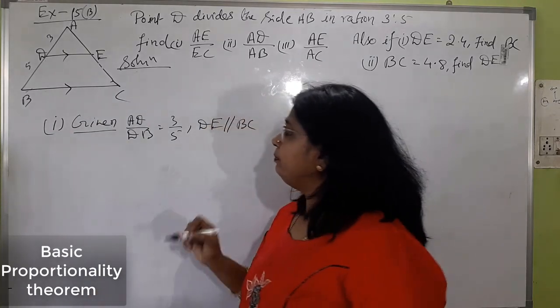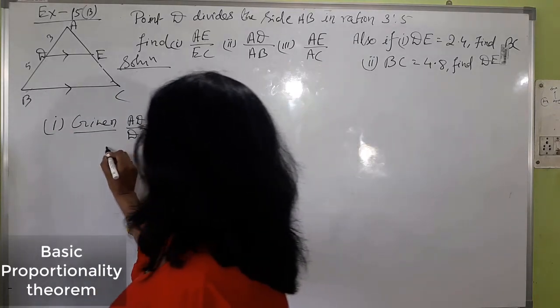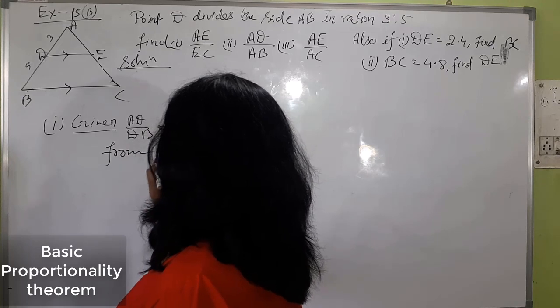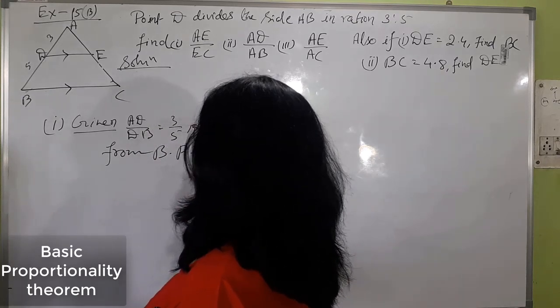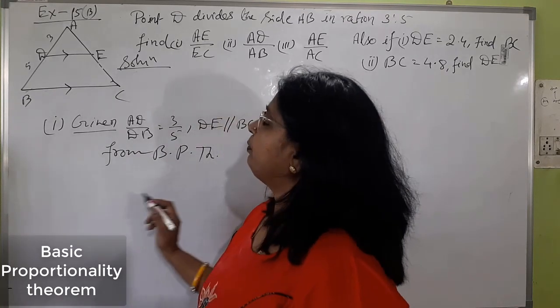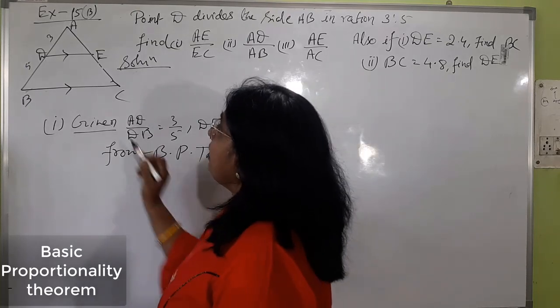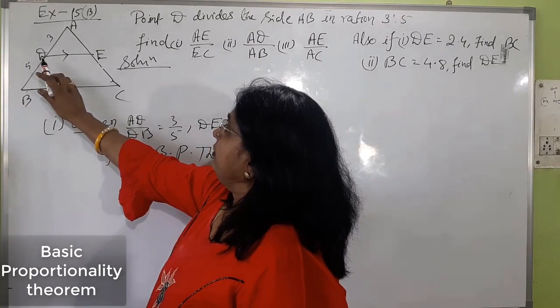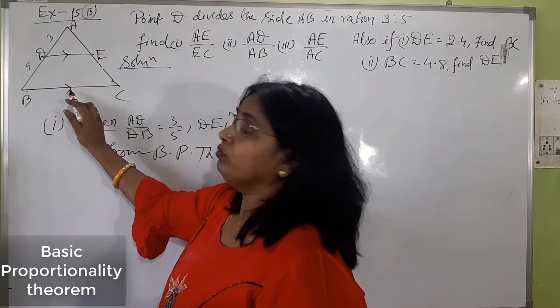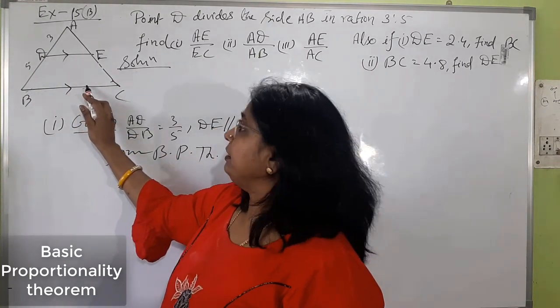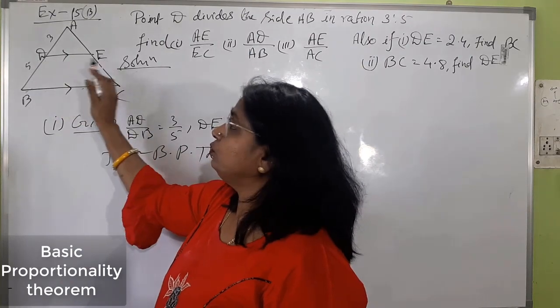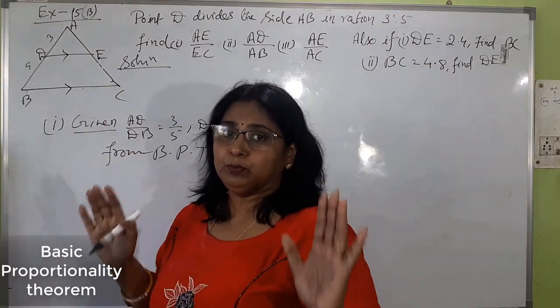Now according to the basic proportionality theorem, a line parallel to any one side of a triangle divides the other two sides in equal proportion.